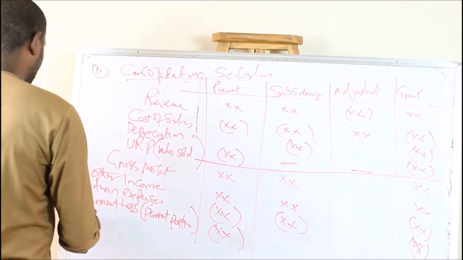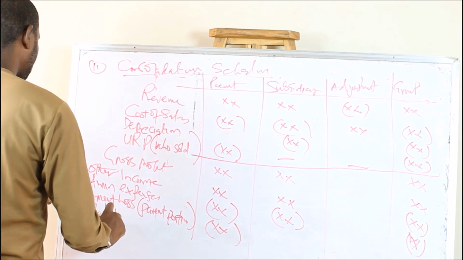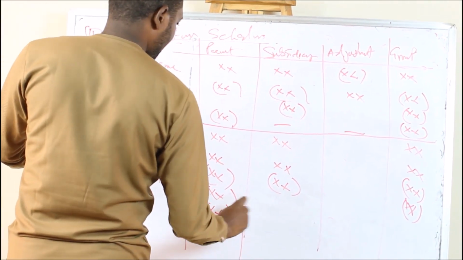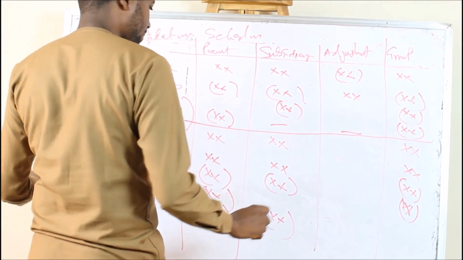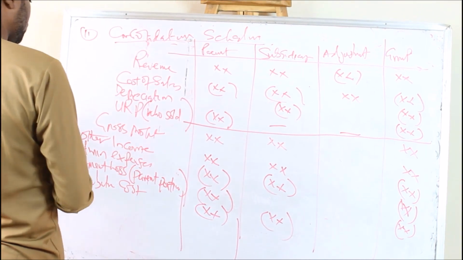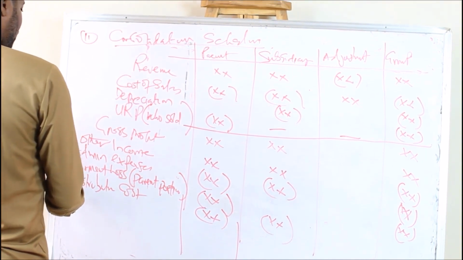Then we have distribution costs, which are here and here.